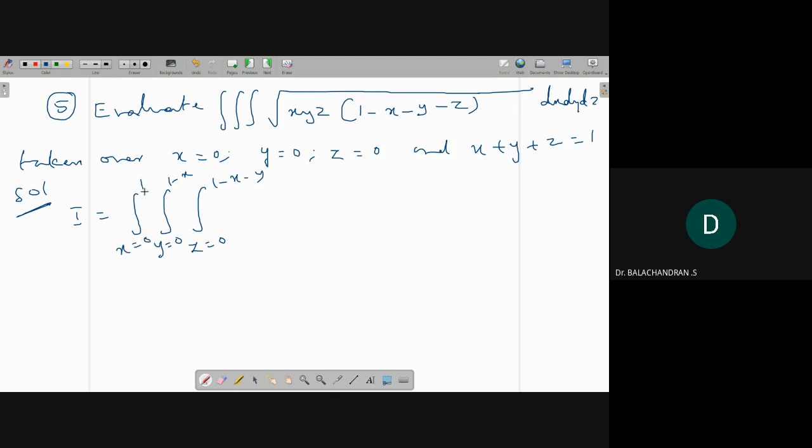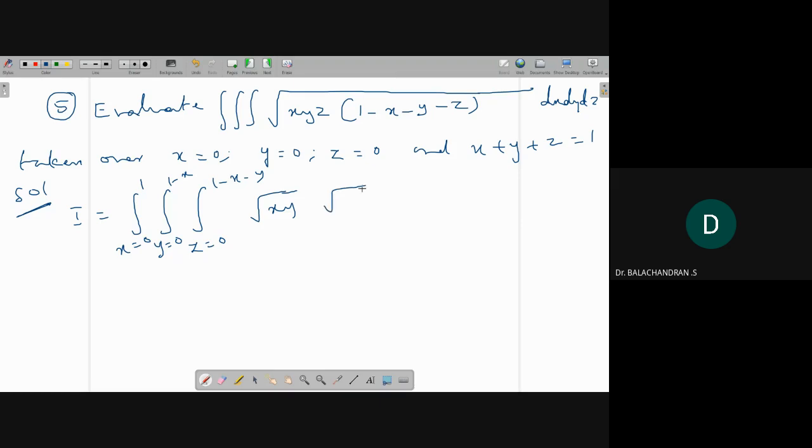If you look at this type of equation, x plus y plus z equal to 1, these are the limits. Root xy is constant because we are integrating with respect to z first.